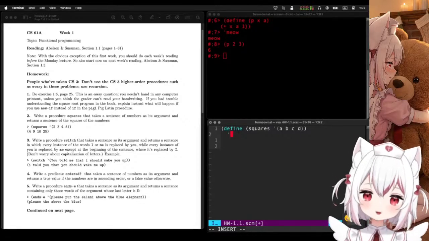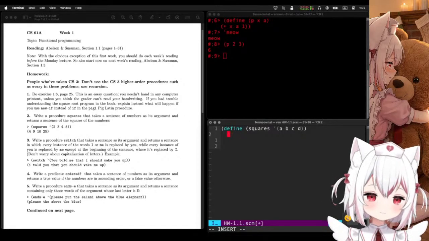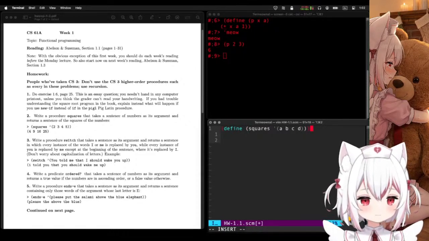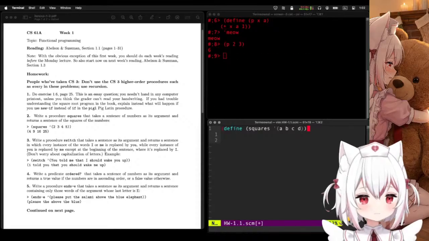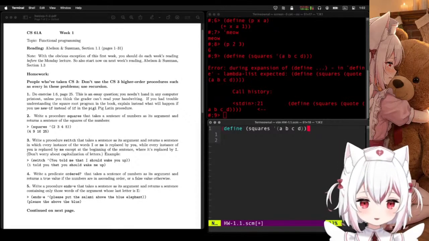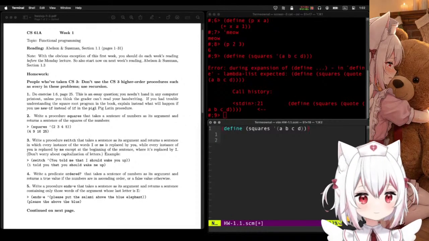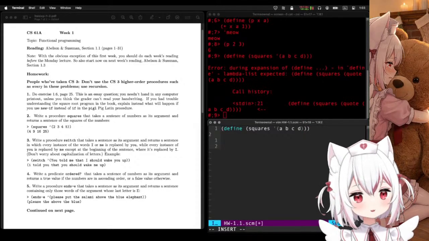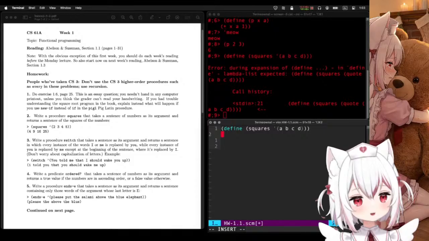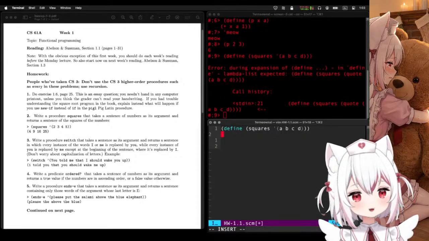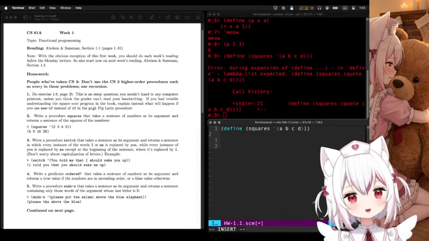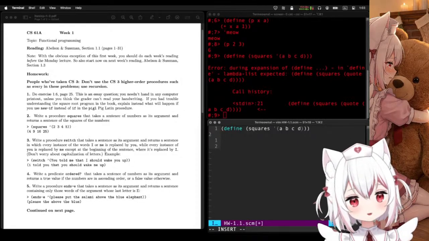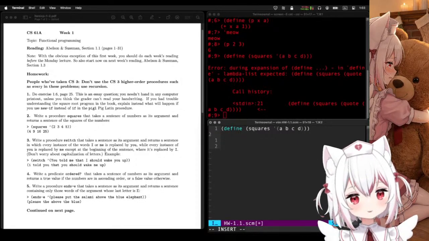I don't know how to write this. Okay, I don't think I could put that there. Or can I not put it there? During the expansion, define: lambda list expected, define squares.